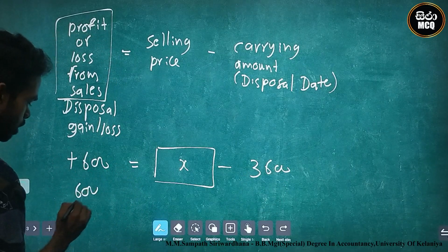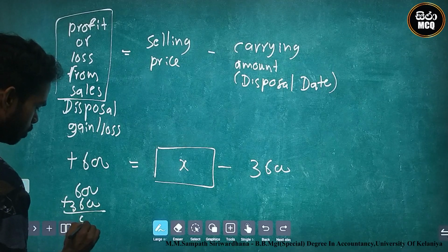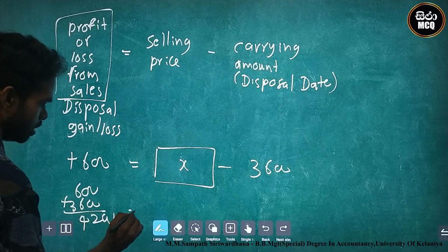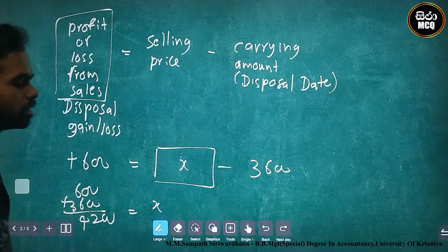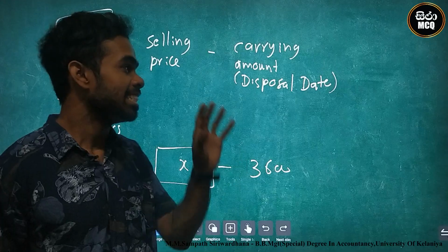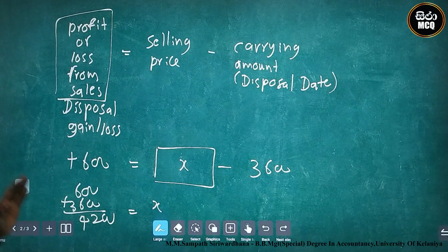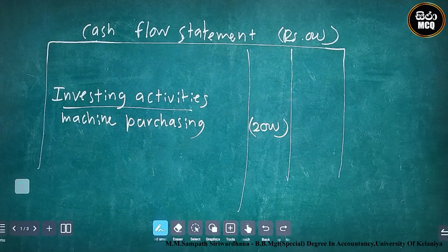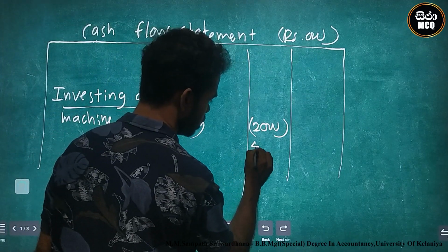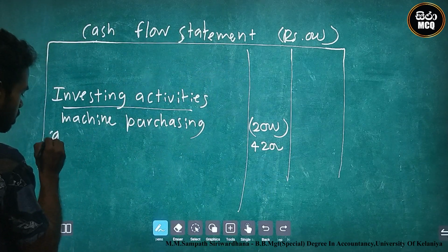Therefore 600 plus 3600, the answer is 4200. X means selling price. We can collect cash; the selling price is the cash collection amount of this transaction, 4200.